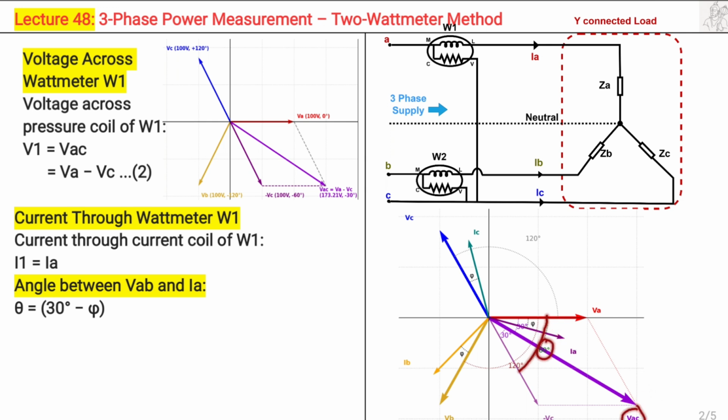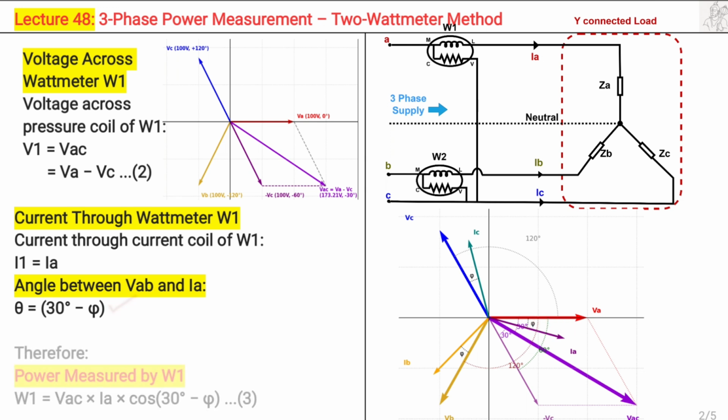This is further bisected because we have a balanced load, therefore this will be 30 degree, this will also be 30 degree. Now the angle between VAC and IA becomes 30 minus phi. Therefore the angle theta is 30 minus phi, and the power measured by W1 is VAC into IA into cos of 30 minus phi.